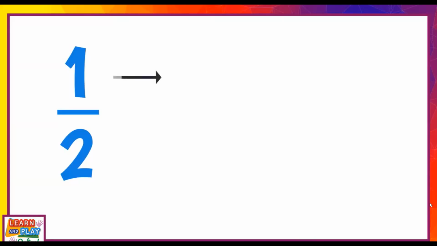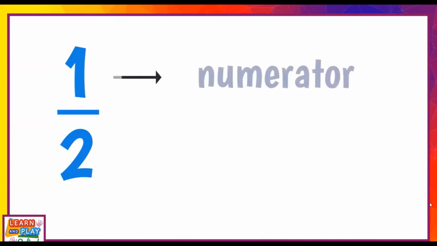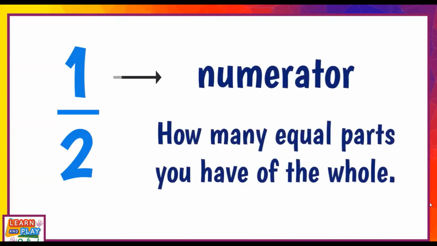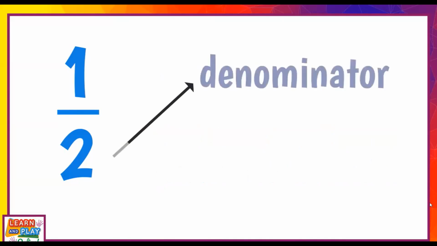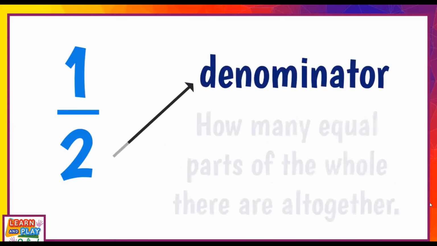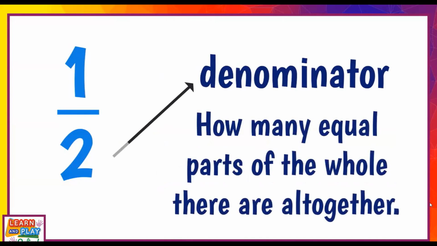The number at the top is called the numerator. The numerator tells us how many equal parts you have of the whole. The number at the bottom is called the denominator. The denominator tells you how many equal parts of the whole there are altogether.